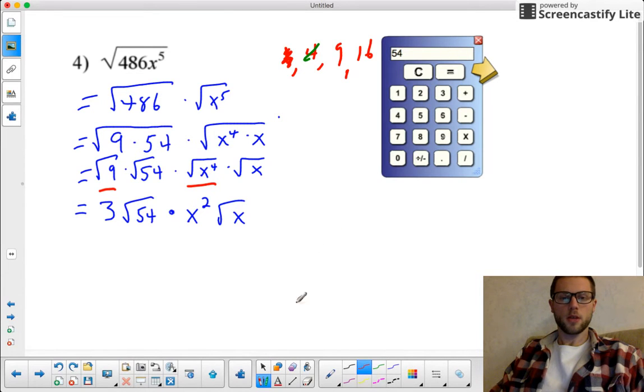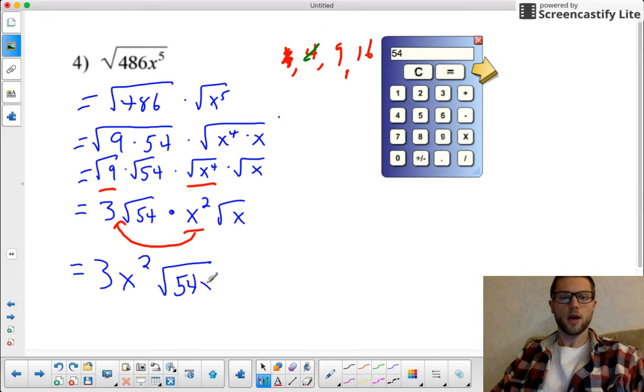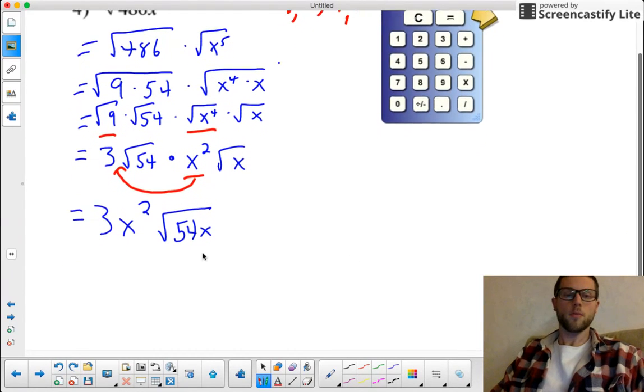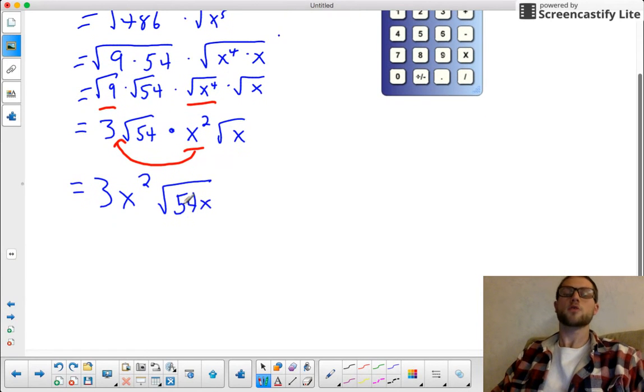Then, like I said, I can rearrange all this since this is multiplication. So I'm going to move my x squared in between the 3 and the root 54. What I have here then is 3x squared times the square root of 54x. Now, it might appear that I'm done. However, I must remember to check what's left inside this radical.